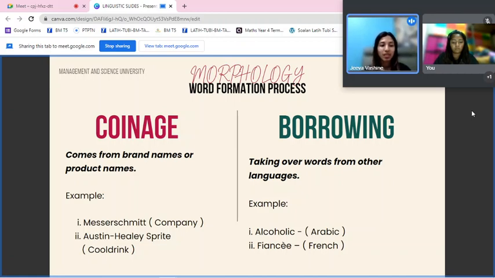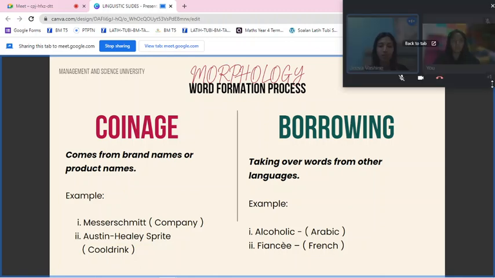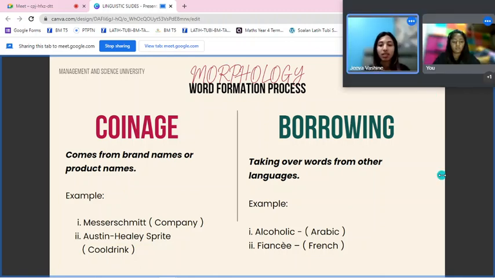That is Messerschmitt, which is a company, and number two is Austin Haley Sprite, which is regarding cool drinks. And next is borrowing. Borrowing is taking words from another language. Examples from the article are alcoholic, which is Arabic, and fiance, which is from French. So that's all from me. Moving to my friend.